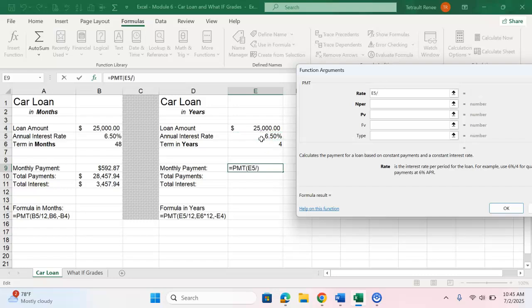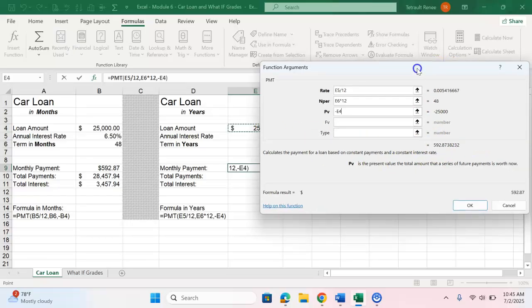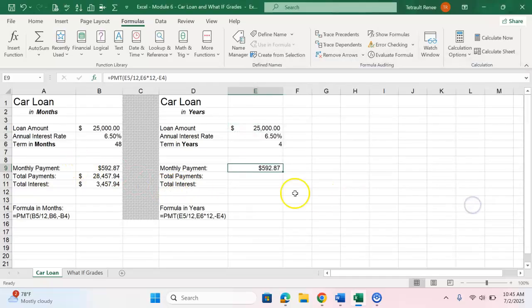Again, it's always divided by 12 because it's monthly. And then how many payments? 4 years, but I have to put in times 12. And then the present value of the loan, I'll type the minus sign and click the $25,000. And you can see the amount right here. It's the same as the other one, and it should be. So go ahead and click OK.